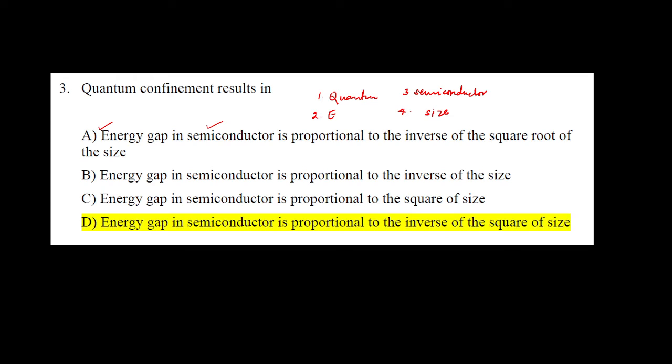Now we know this concept, semiconductor, from when we studied physics in our 12th standard. It has something to do with electrons and holes, right? Am I right on this concept? Okay, p and n type of junctions, I'm sure you can recall this concept.